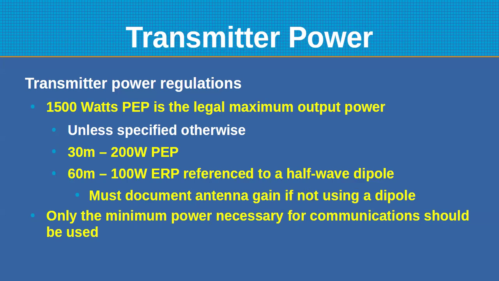This is especially important when you're talking to a satellite, because a satellite has limited power. If you blast it with the maximum power you have, it's going to try to repeat it at the maximum power, which takes power away from other users.